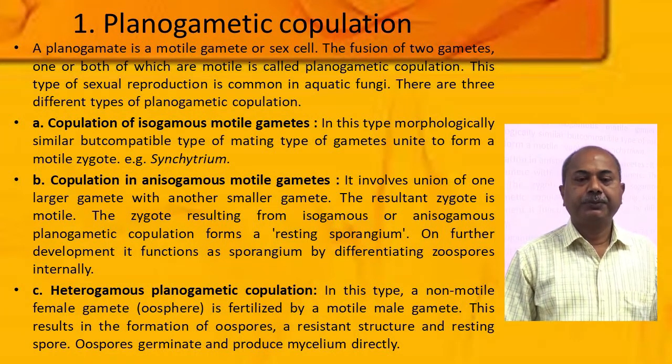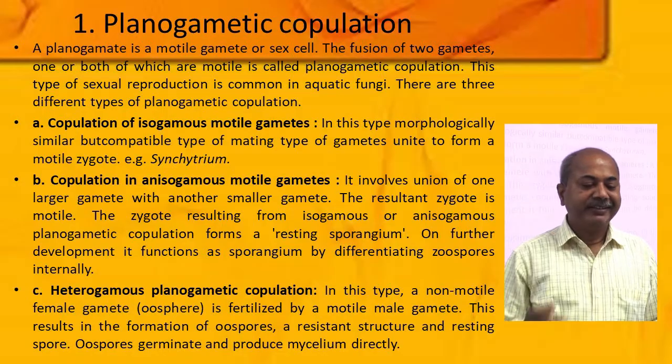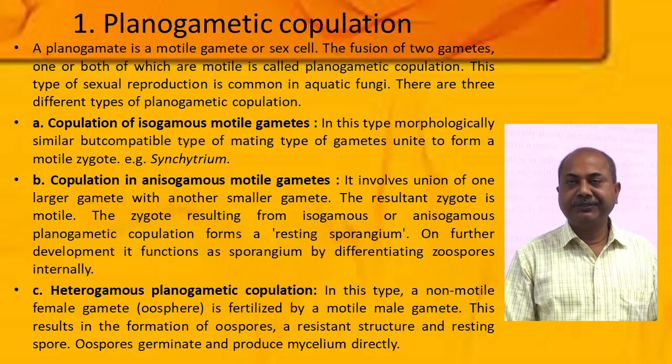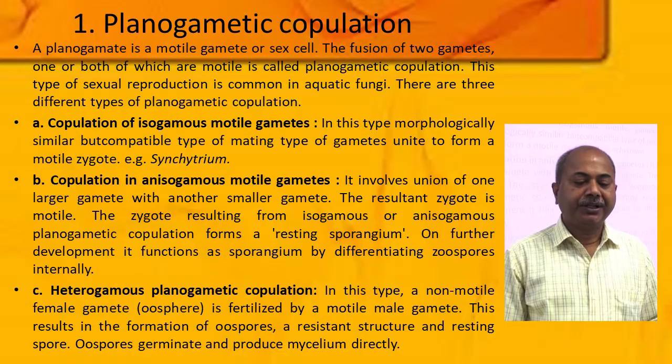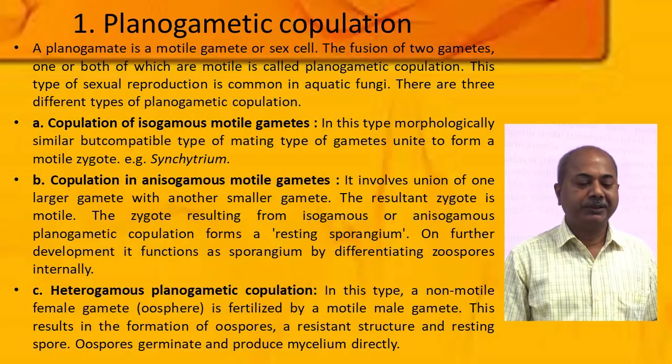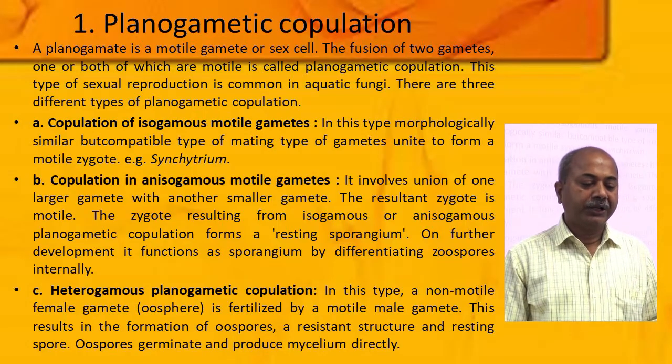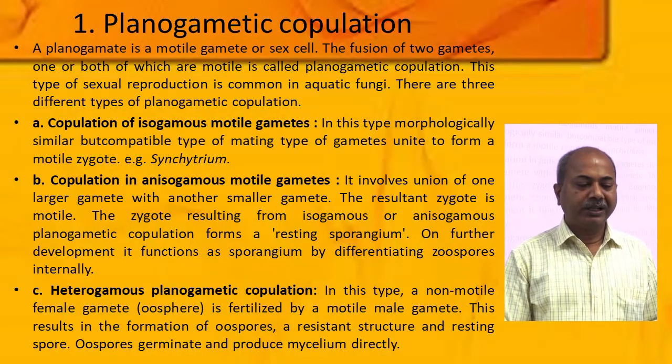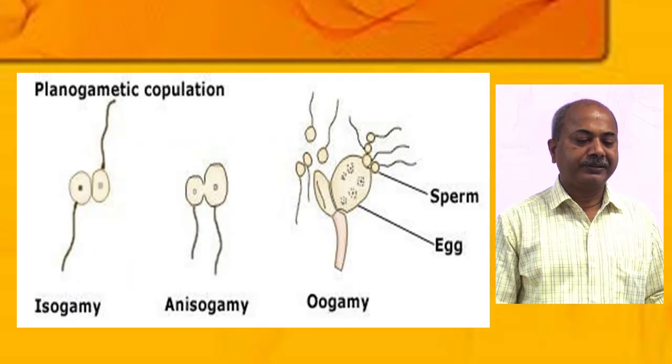This type of sexual reproduction is common in aquatic fungi. There are three different types of planogametic copulation: copulation of isogamous motile gametes, copulation of anisogamous motile gametes, and heterogamous planogametic copulation. You can understand it by this slide.